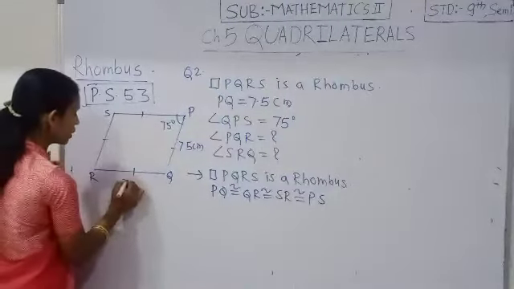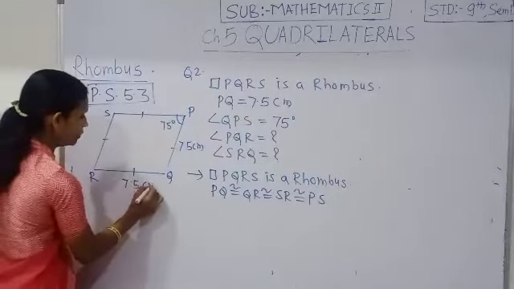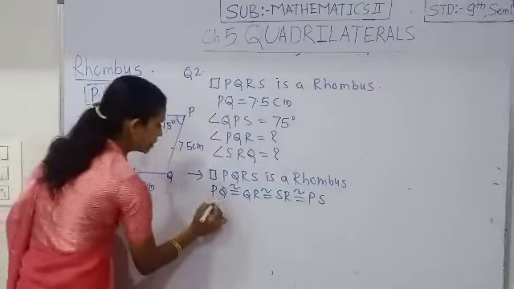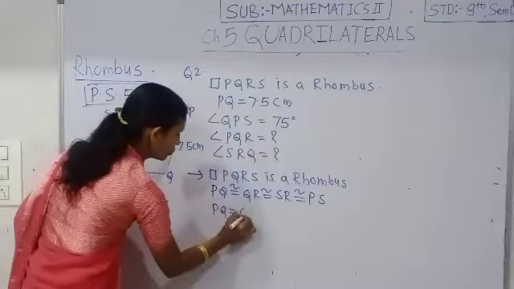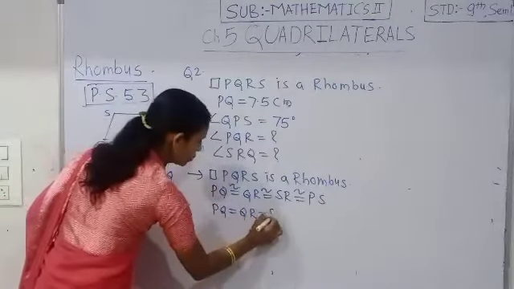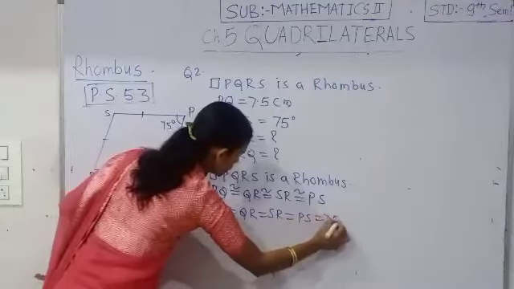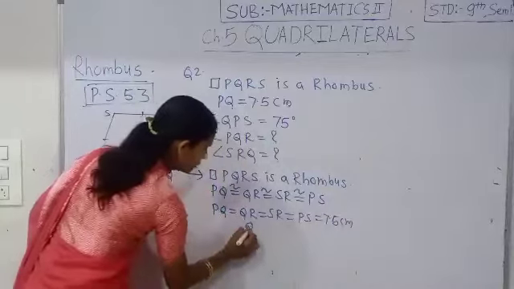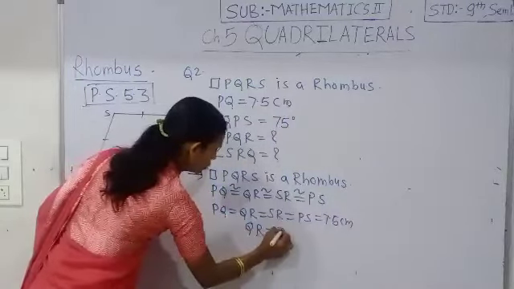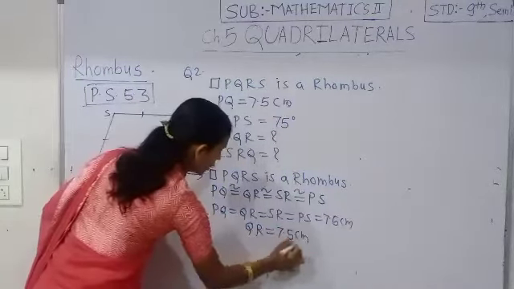Therefore, QR is 7.5 cm. That means PQ equals QR equals SR equals PS equals 7.5 cm.